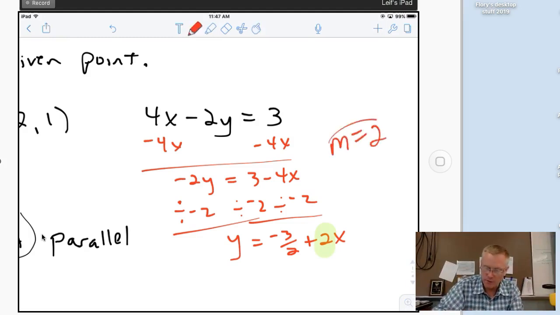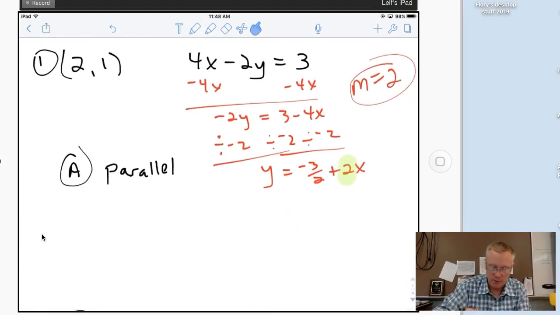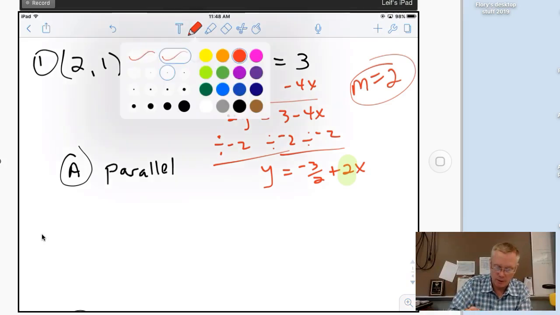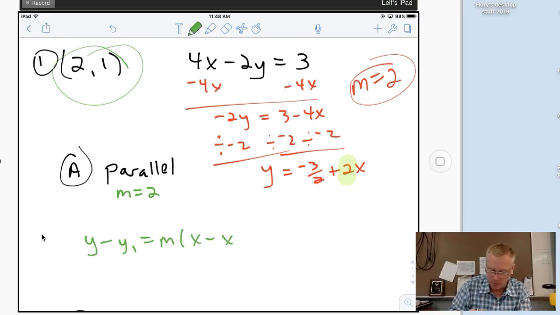So I did all that work to find out that, okay? Which might have been the bulk of the work in some ways, which means my new equation down here, for a line that's parallel, the slope will also be 2, and I need it to go through this point, which means I like the y minus y1 equals m times x minus x1 formula. Okay, I can plug in a point, the slope.